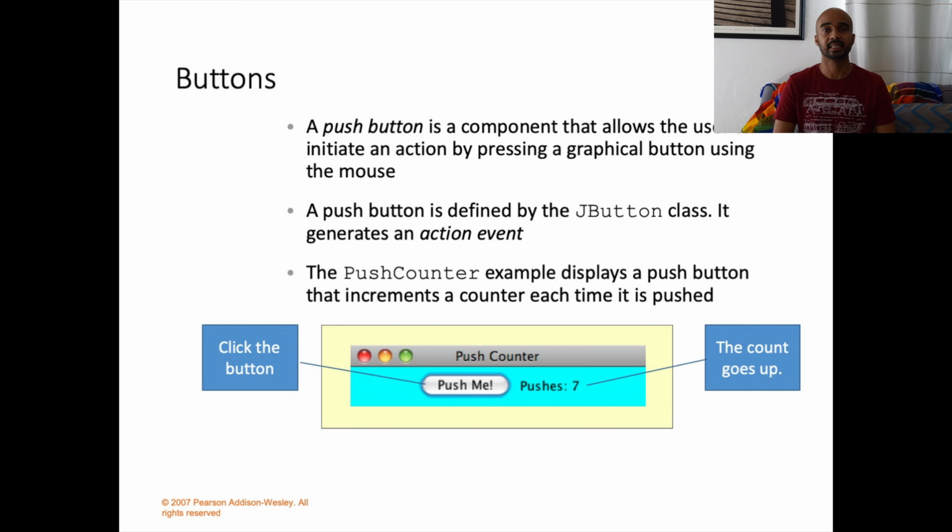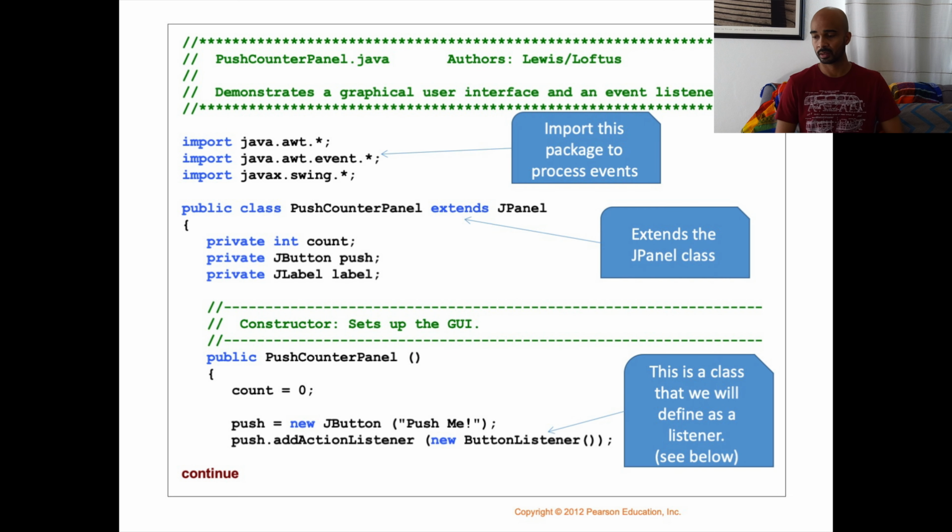So we have an example, in this case, of a button that's on a JPanel, which is on a JFrame. Whenever you click on that button, it just increments a counter. Really simple example, but how it works is that the push button, the JButton itself, has a button press action event that can be triggered. You can then create an event listener that listens out for this particular action.